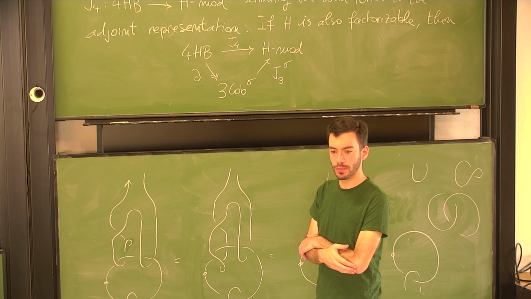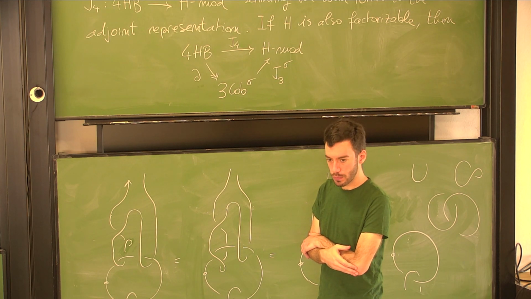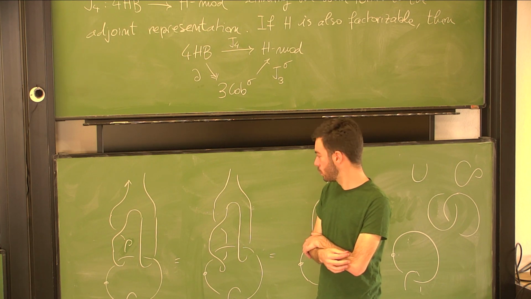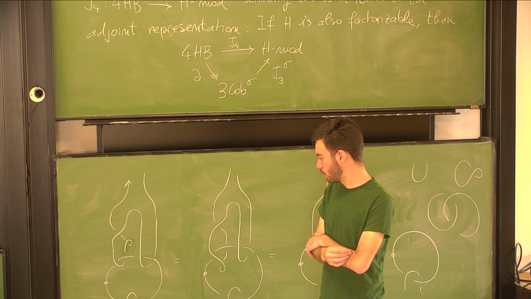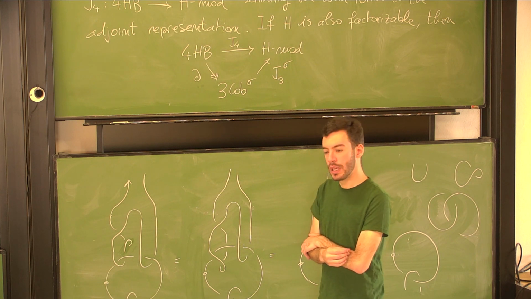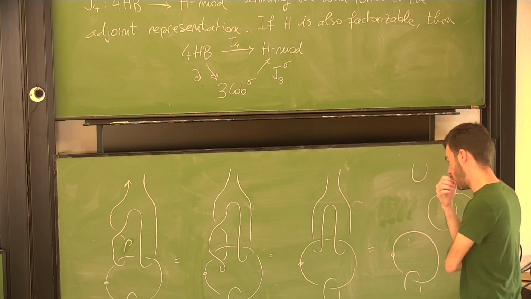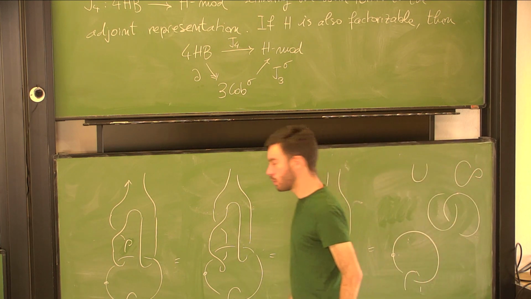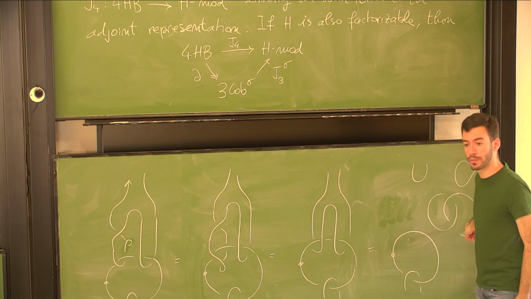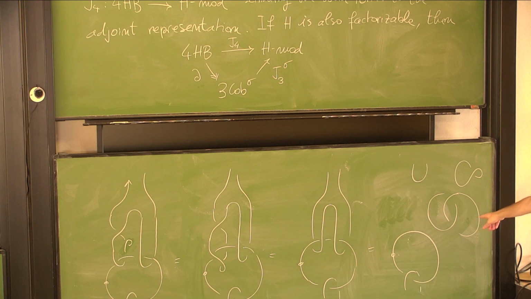What's the simplest example when your invariant really distinguishes one handles from two handles? If from one of the one handles, you just remove the dot. Okay, so what would be the symbol? Because the three manifold is the same, right? Yes.